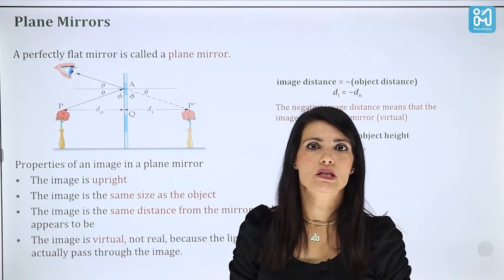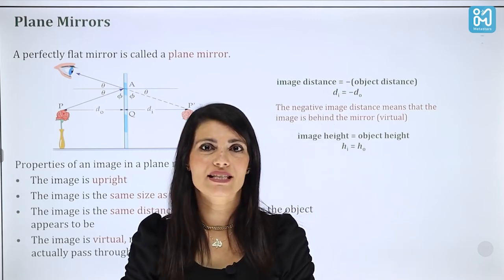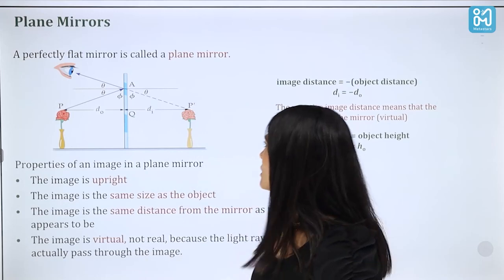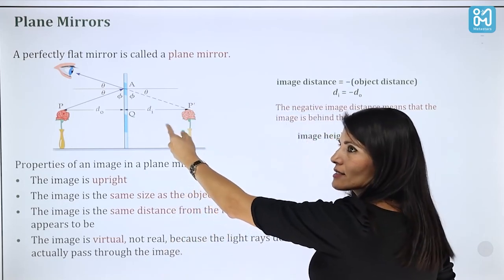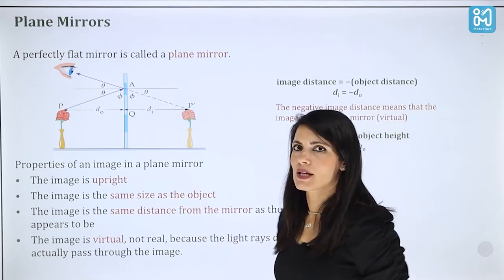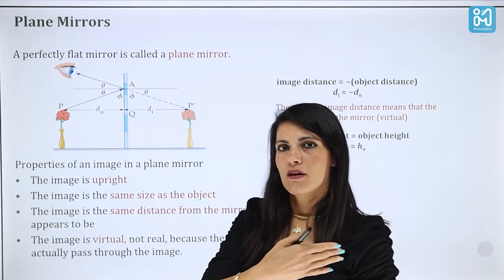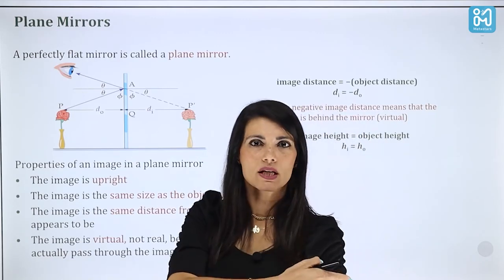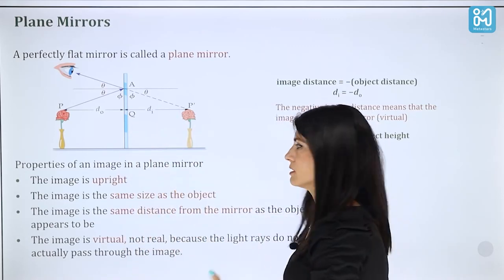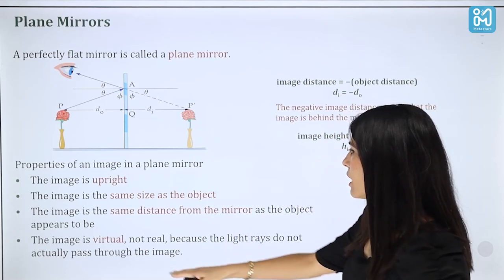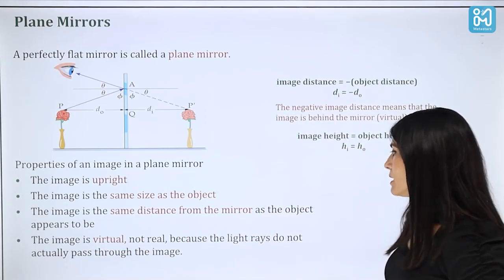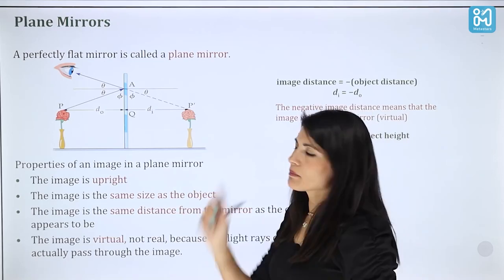We refer to the distance of the object as DO, and the distance of the image as DI. So DI is the distance of the image, DO the distance of the object. You need to know that since the image is on the virtual side, which is not the real side, the distance of the image has to be negative. The image is virtual, not real, because the light rays do not actually pass through.